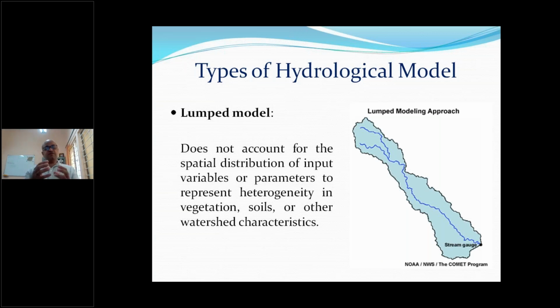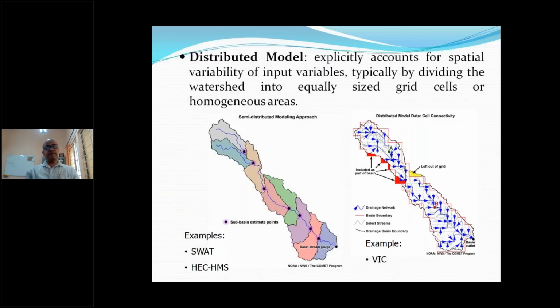In a watershed, if you have 2-3 different types of soil and 2-3 different types of vegetation, their response towards runoff generation will be different. Whereas lumped models will assume the entire watershed as one entity and will model the runoff using that assumption of one entity.